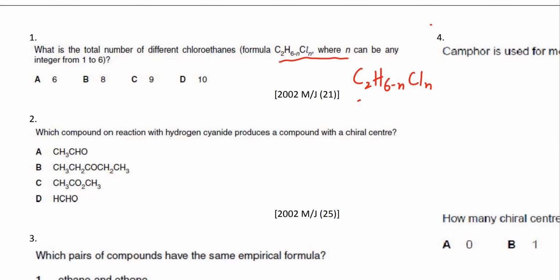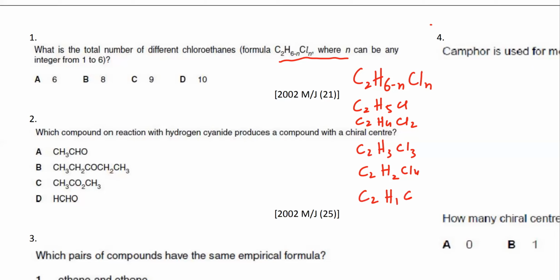So if I start writing this, n could be 1. So that's C2H5 and 1 Cl. n could be 2, that would be C2H4 and 2 Cls. n could be 3, so it's going to be C2H3 and 3 Cls. n could be 4, so it could be C2H2 and Cl4. n could be 5, it's going to be C2H1 and 5 Cls.